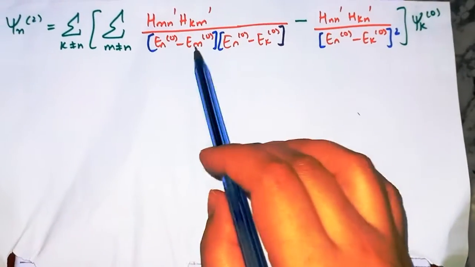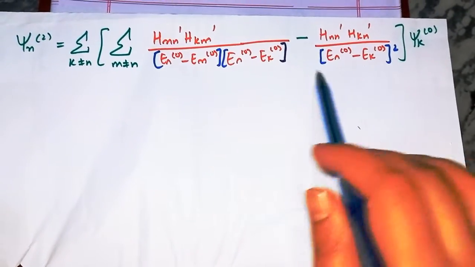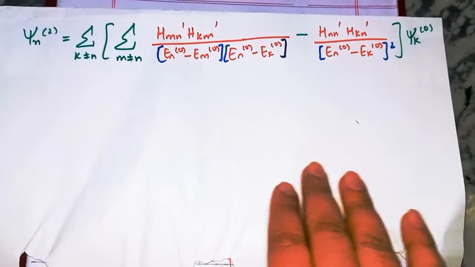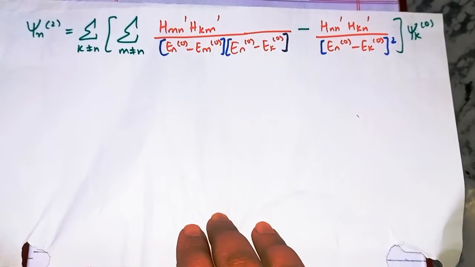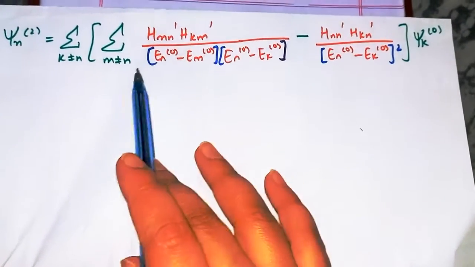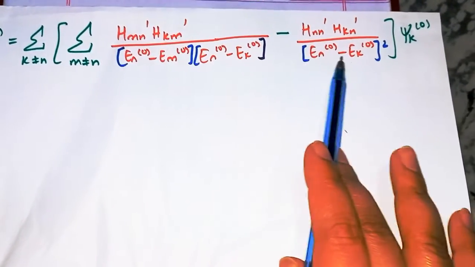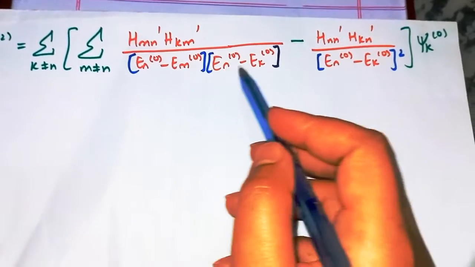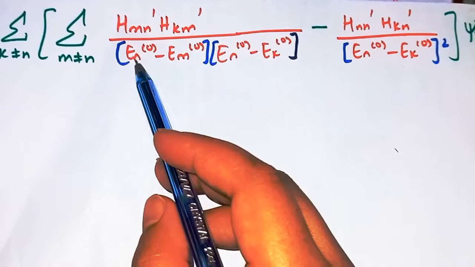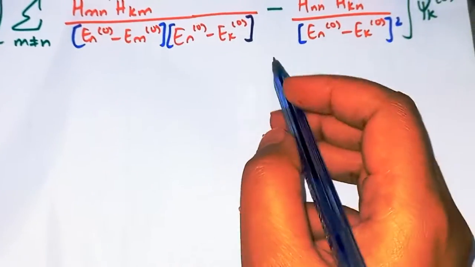You can see there are two different terms in here, and don't be scared if you see a lot of terms. They will reduce into fewer terms later depending upon the Hamiltonian that we have. Let's see what each term represents here. These are the zeroth order energies for the nth state, and they are really easy to calculate.